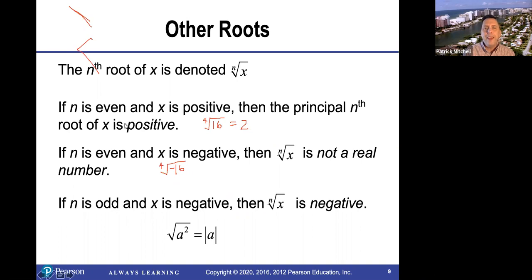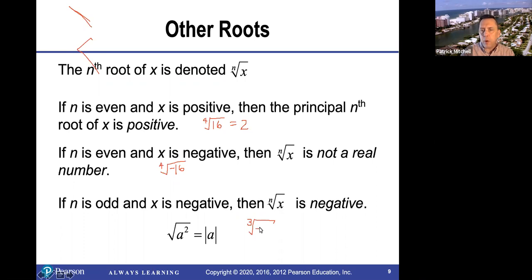There we go. And then if n is odd and x is negative, then the nth root of x is negative. So an example of that would be, let's say, the cube root or third root of negative 27.